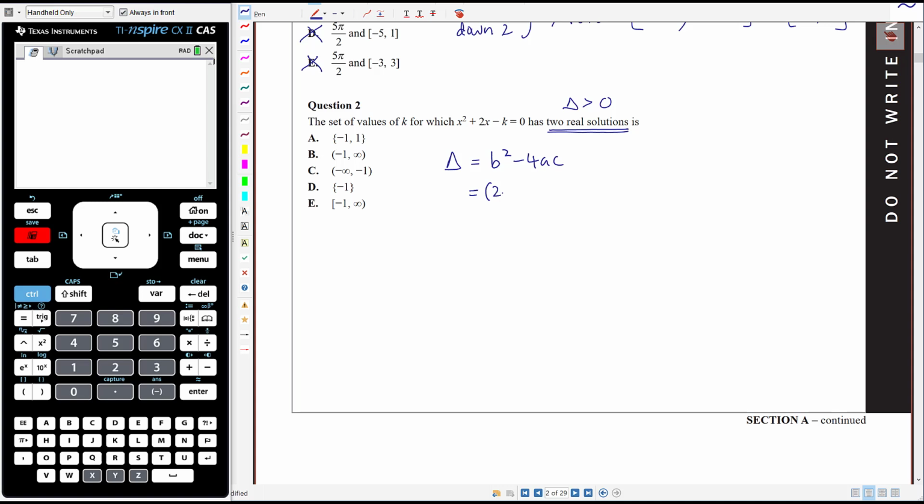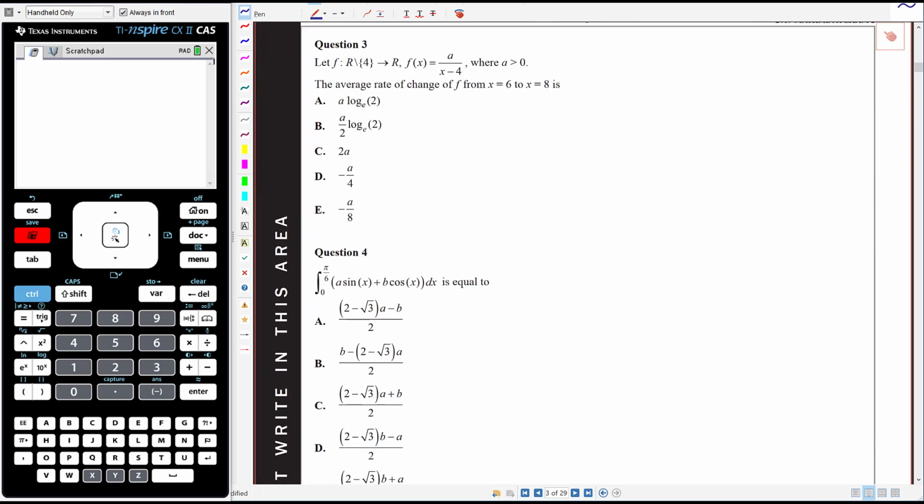In this case, that is 2 squared minus 4 times 1 times c, which is negative k, and so that is 4 plus 4k. And that has to be bigger than 0 for us to get 2 real solutions. So subtracting 4k from both sides and dividing both sides by 4. K must be bigger than -1, so therefore k is an element of -1 to infinity. So that is B.